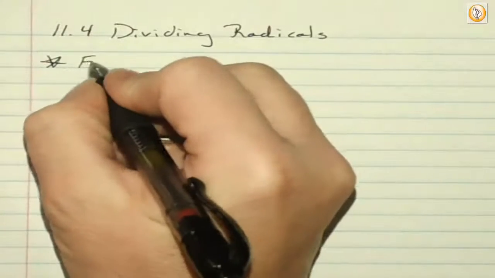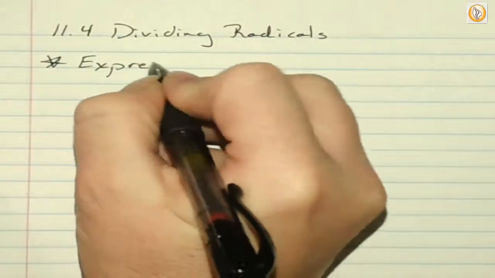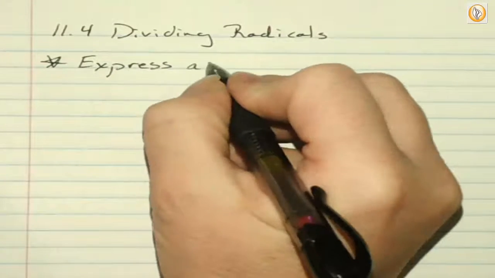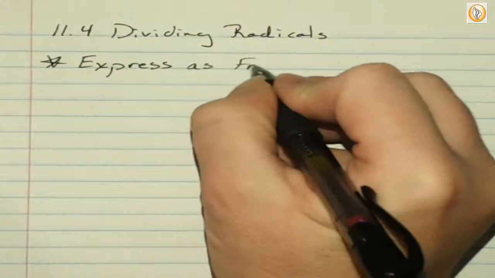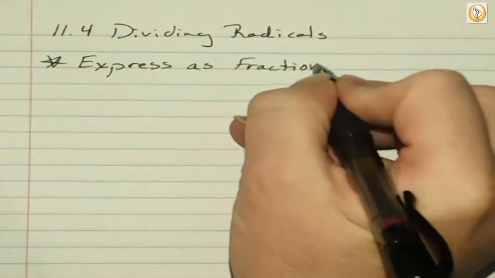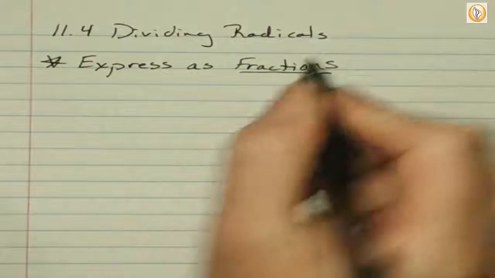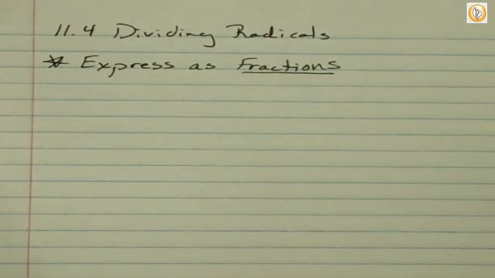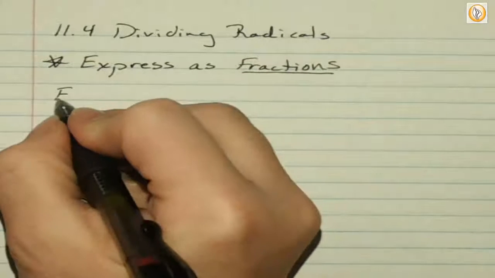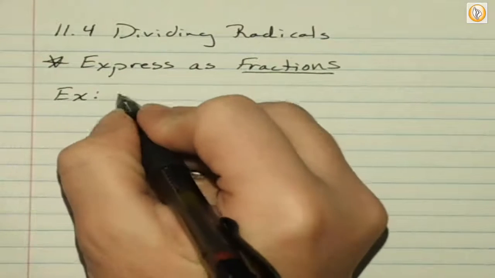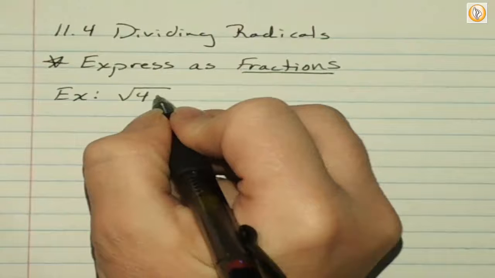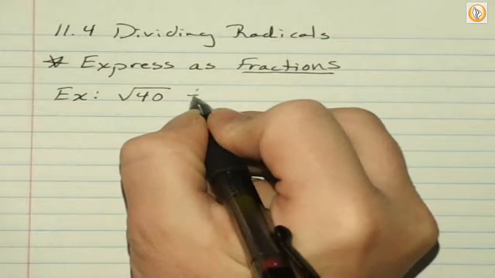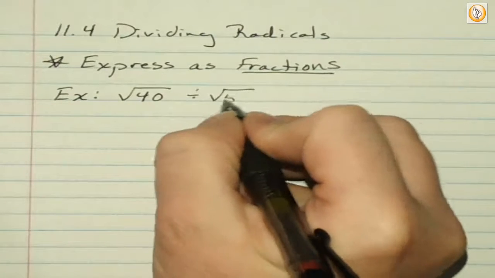Okay, you're going to express them as fractions. For example, square root of 40 divided by square root of 5.